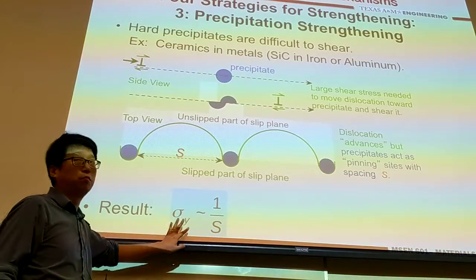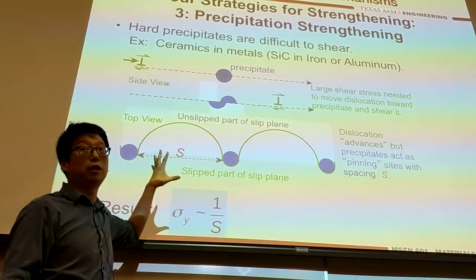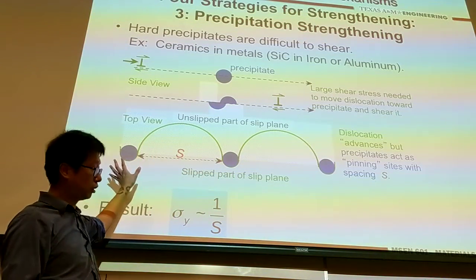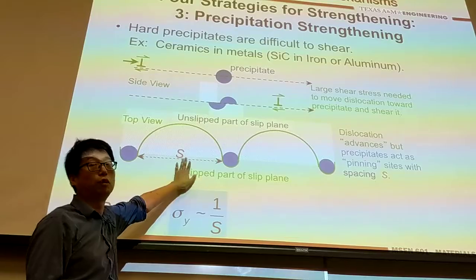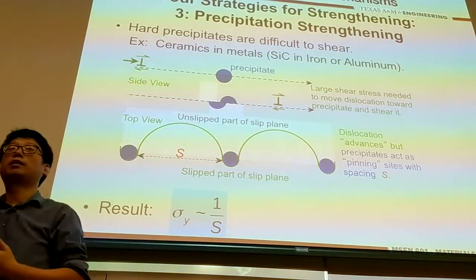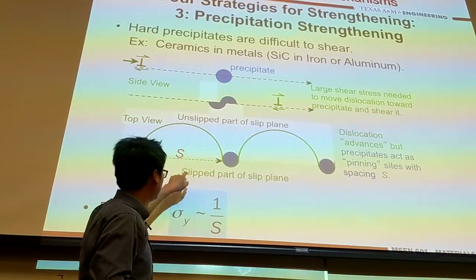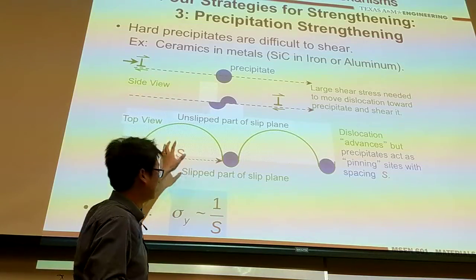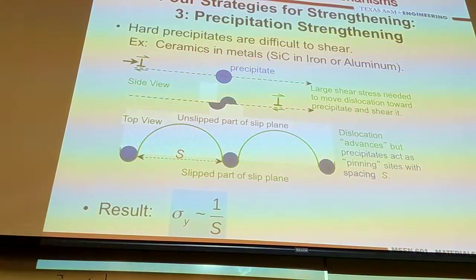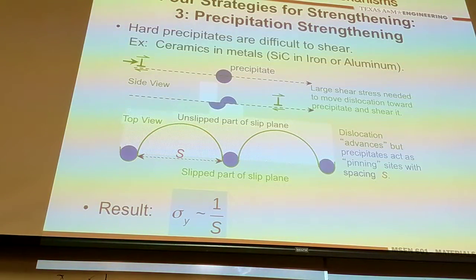And again, there's an empirical result. If you have a lot of precipitates, the average distance between two precipitates is, for example, S. Then the yield strength will be enhanced as you have more precipitates and the distance is reduced from a much larger distance to a small distance: yield strength scales as 1 over S. So if you have more and more precipitates, the yield strength will increase.